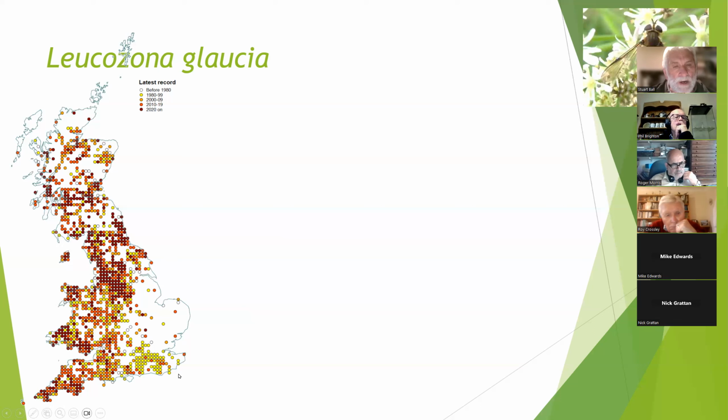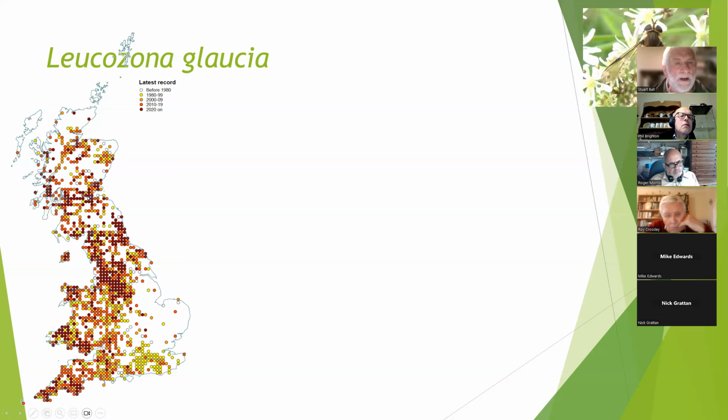So most of the records down in the southeast corner of England are before 2000, or certainly before 2010. Yet this is by far the most recorded part of Britain. So does that mean we're tending to lose Leucozonia glaucia down in that corner?